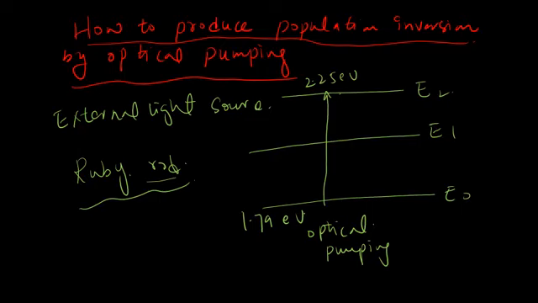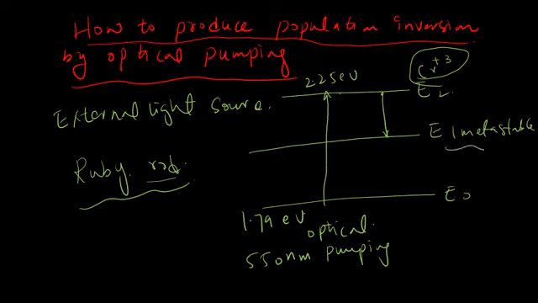In optical pumping we have a photon of 550 nanometer, and in the ruby laser the excited state is of the chromium plus 3 ion, which will spontaneously decay to the metastable state. So in this way we can get population inversion in the metastable state by an external light source.